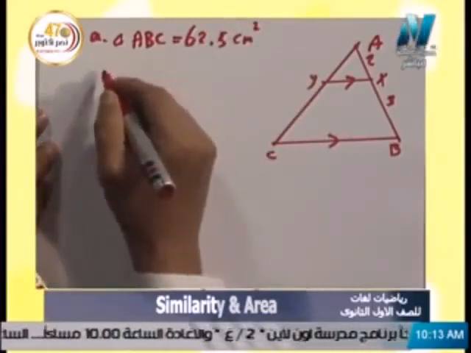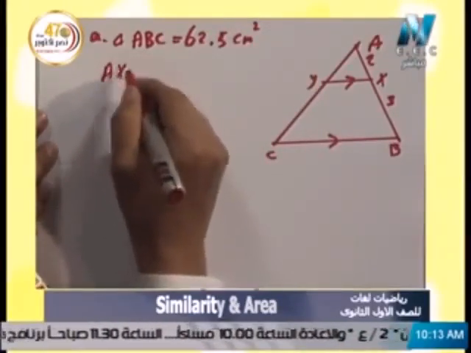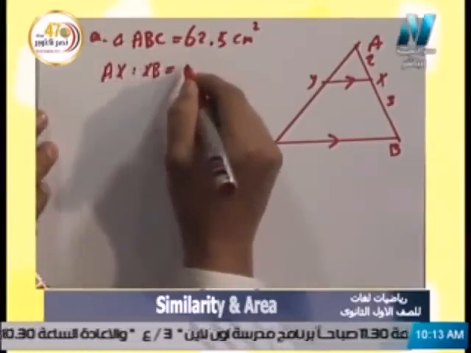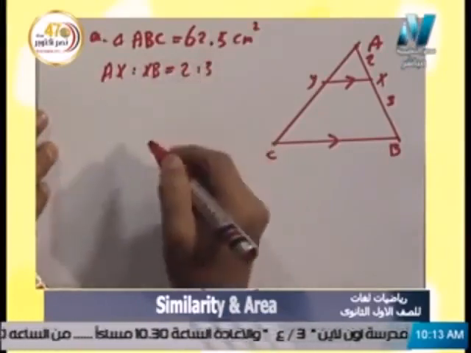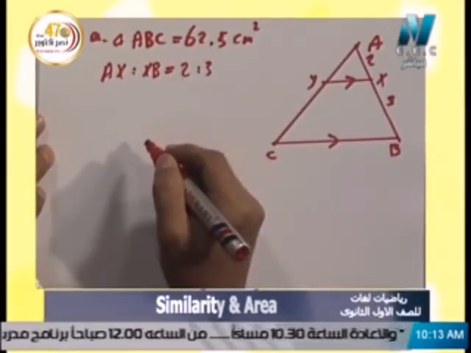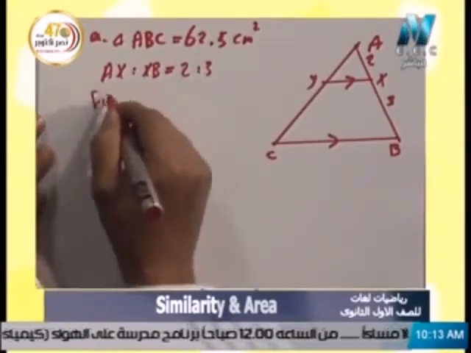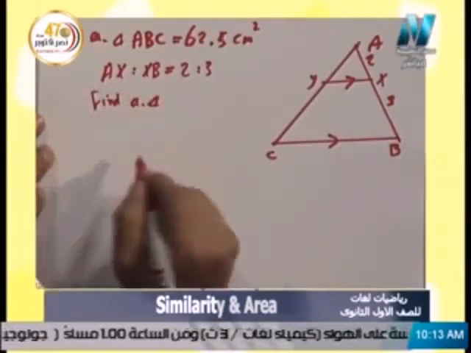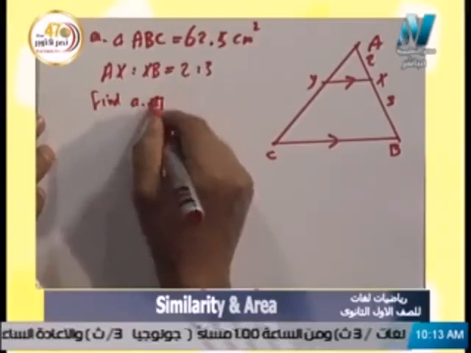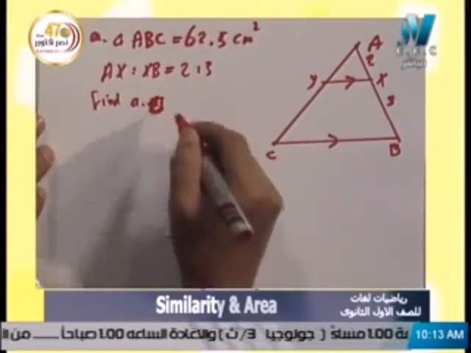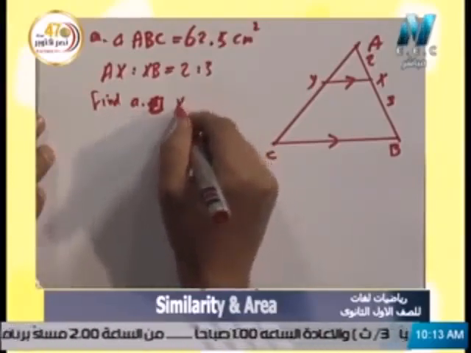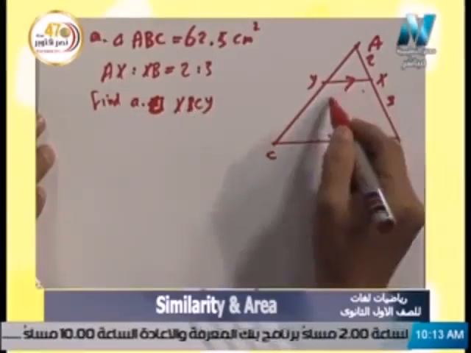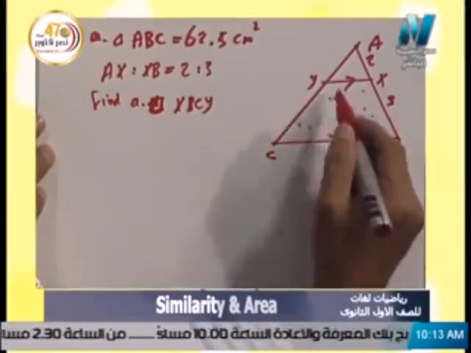And given also that the ratio between AX to XB, as we said before, equals 2 to 3. And the request is to find the area of the quad, not triangle, it's quad, which is XBCY. So we have to find the area of this quad.